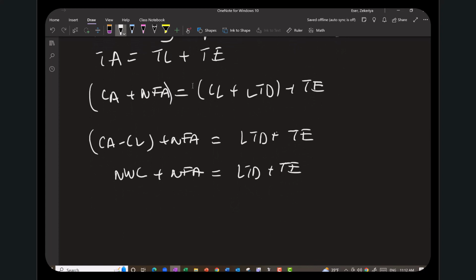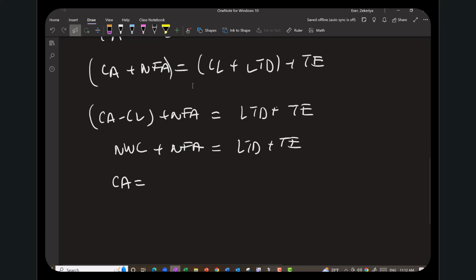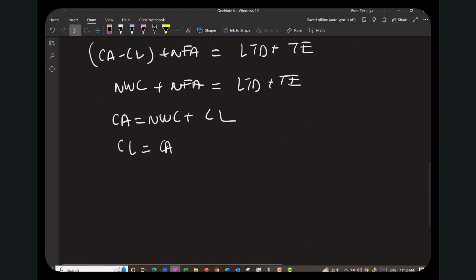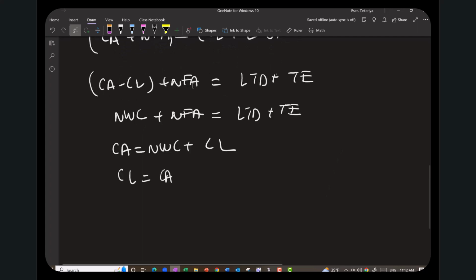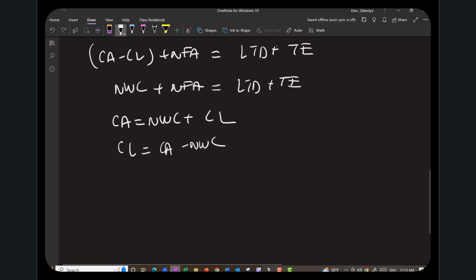You can also think of current assets, taking this identity, as net working capital plus current liabilities, or current liabilities is current assets minus net working capital. Again, it's the same thing, a different way of looking at it. And that's pretty much the stuff we're going to look at in the balance sheet in terms of identities.